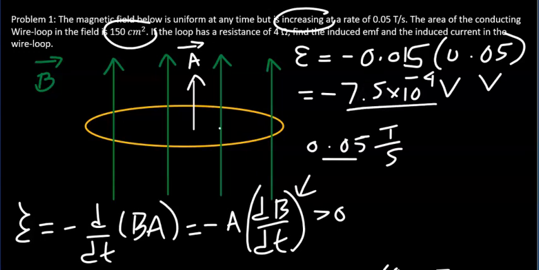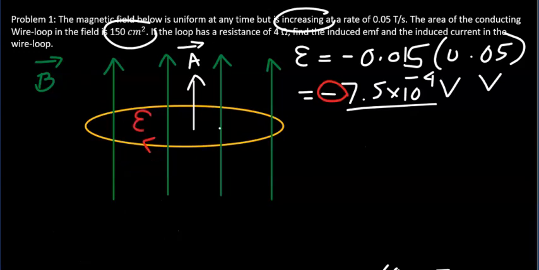We note that the induced EMF is negative, so according to our sign convention, if this is the positive EMF direction, that must be the direction of the negative EMF. So our EMF is going that way. Now let's determine the induced current. The induced current will also go in the same direction as the induced EMF.